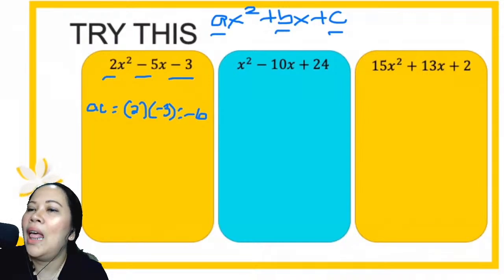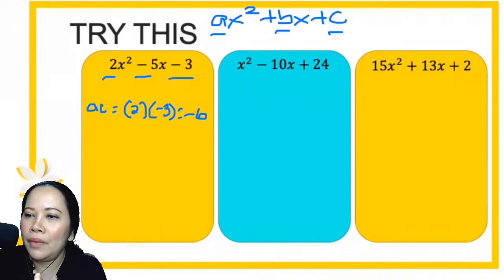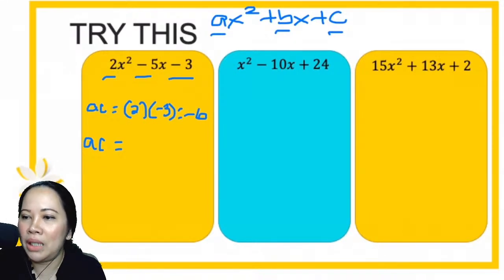Follow? Okay. Now, the next step is how should you add, or what should you add to get a negative 6? So that the answer of you adding those factors of negative 6 will be the middle term. Okay? So based on your AC, what factors of 6 should you add so that you will get the middle term?